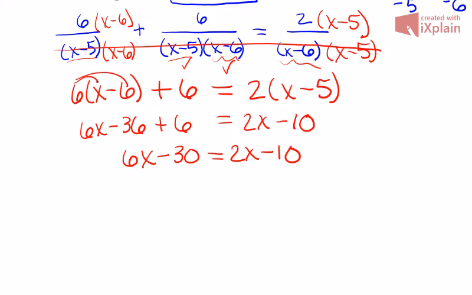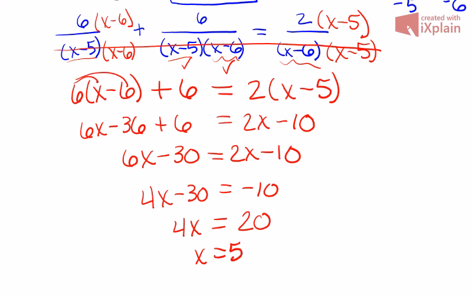Let's see here. So subtract 2x, we have 4x minus 30 equals negative 10. Add 30, so 4x equals 20, and x equals 5. However, we have to look back at what the bottom is not allowed to be.